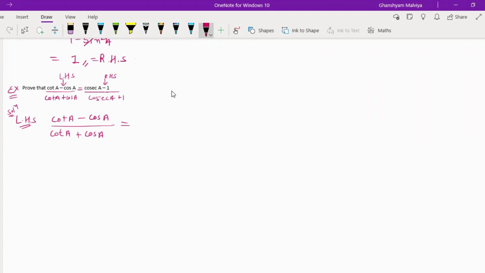What you can do, first, instead of cot A you can write cos A divided by sin A, minus cos A. Again in the denominator you can also write cos A divided by sin A plus cos A. Are you getting this one? Yes, sir. Cot A is cos A divided by sin A.